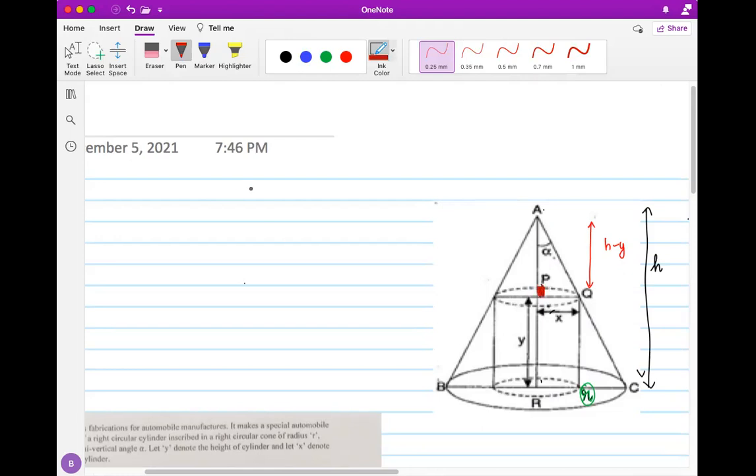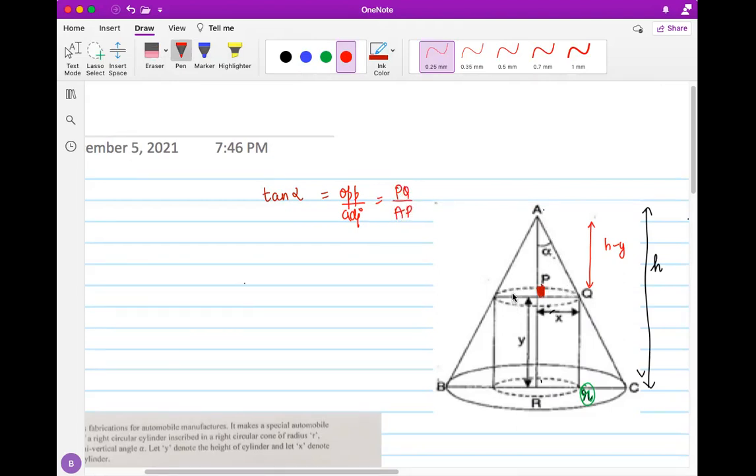Tan alpha is equal to opposite by adjacent. This is alpha and P. AP is the adjacent, PQ is the opposite, so it is PQ divided by AP.